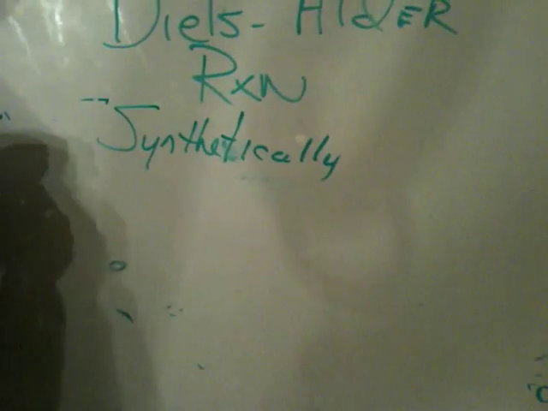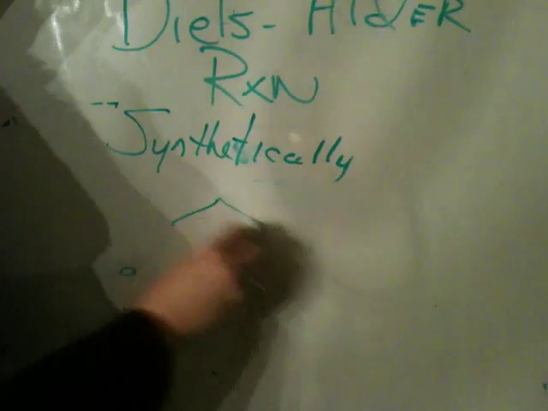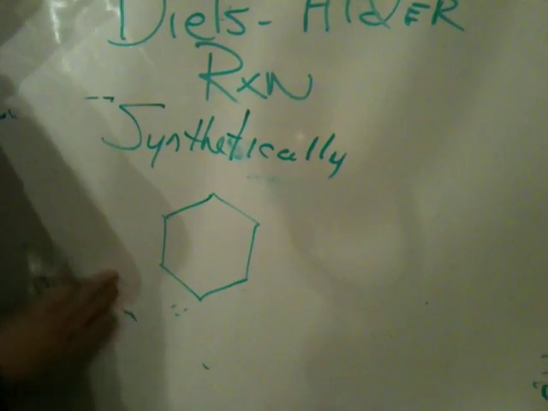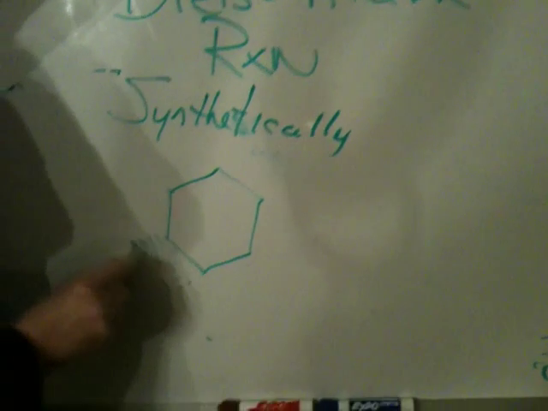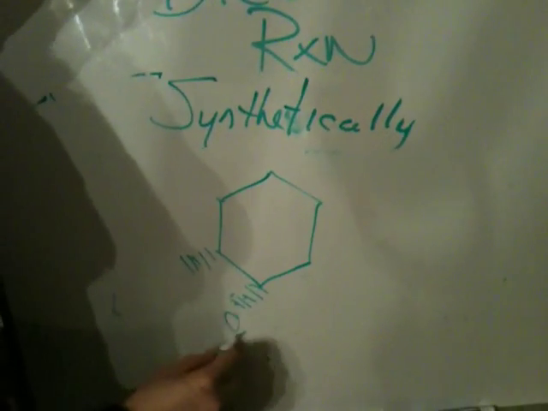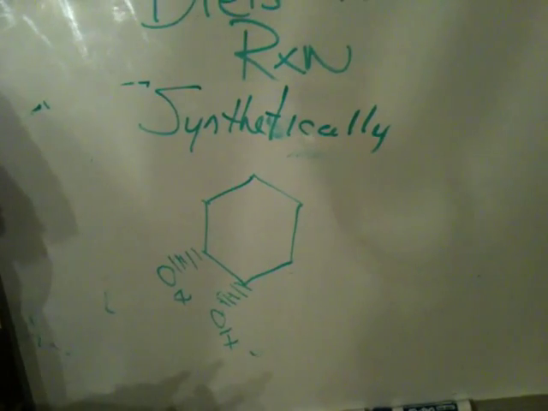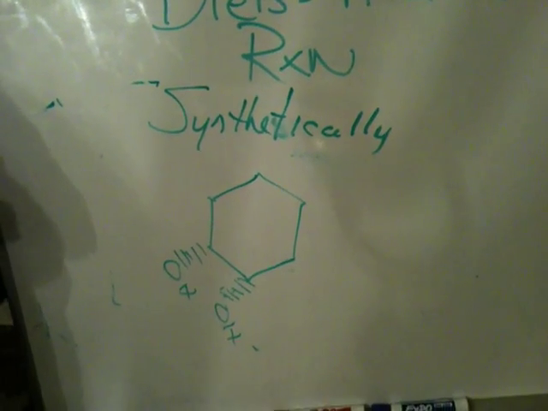Now, synthetically, if you wanted to make, I don't know, I'm using rings simply to show you the stereochemistry. So say I wanted to make this. When I see that, I immediately think of adding potassium permanganate or osmium tetroxide or something like that.